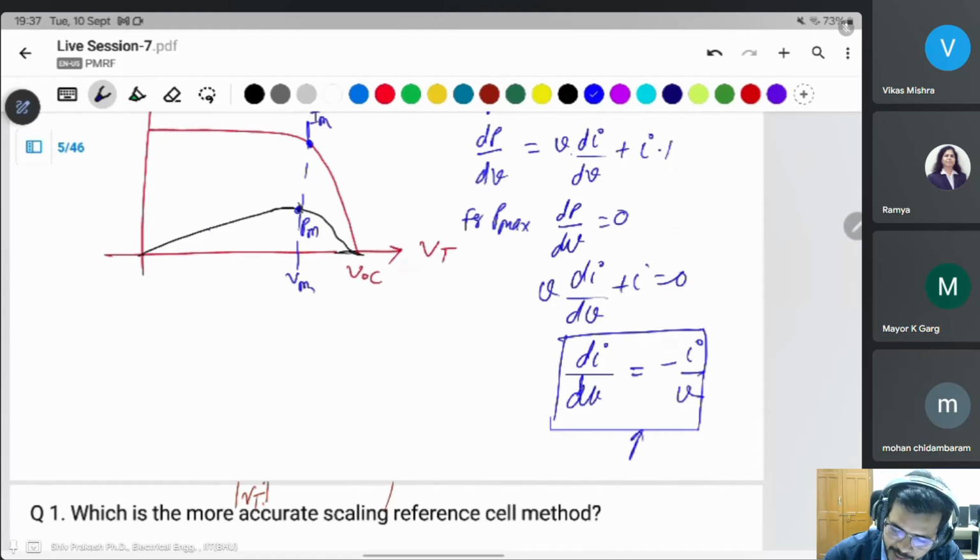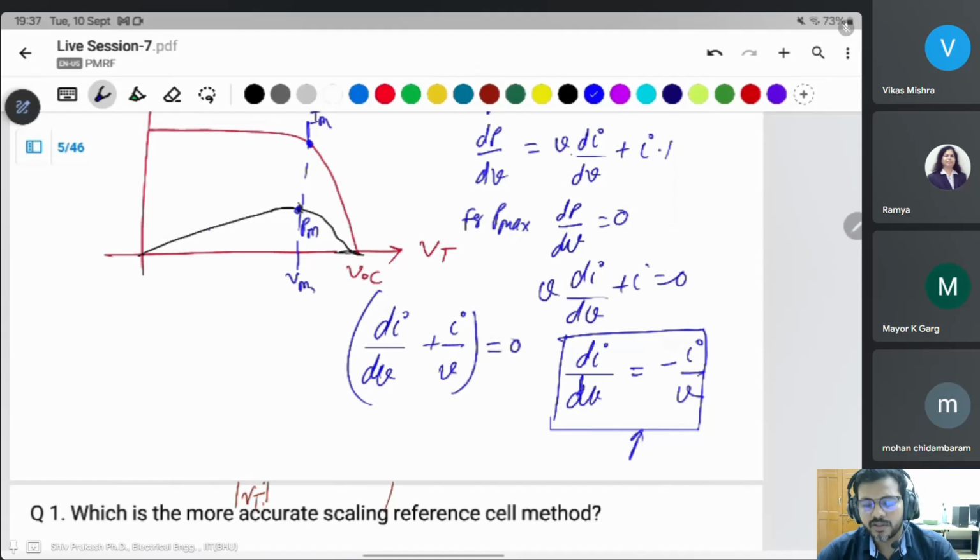It means at maximum power, dI by dV and minus I by V should be equal.